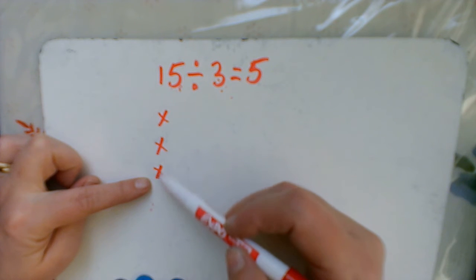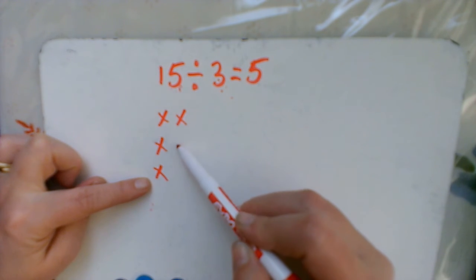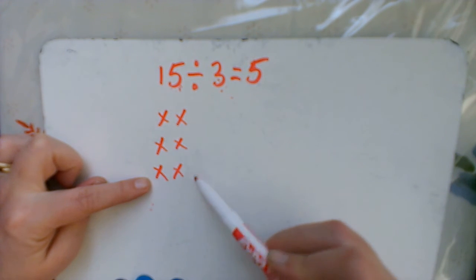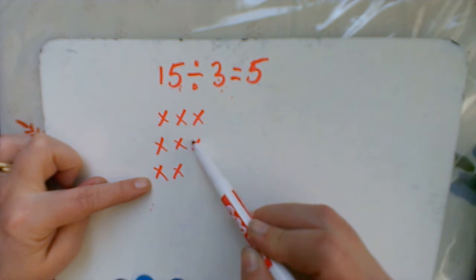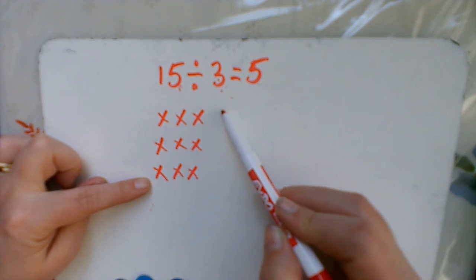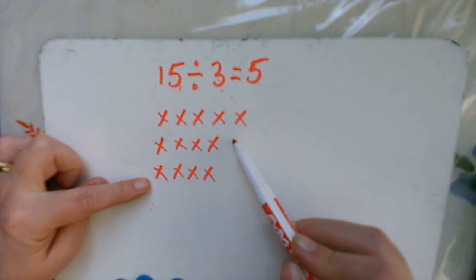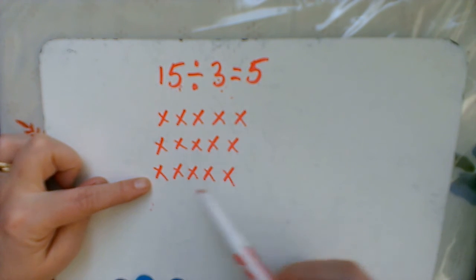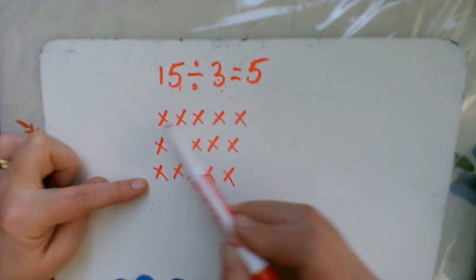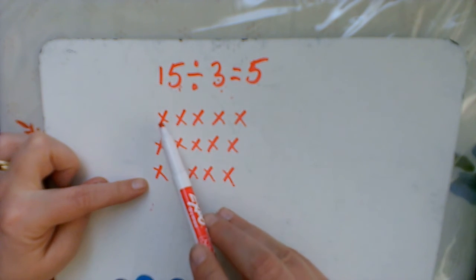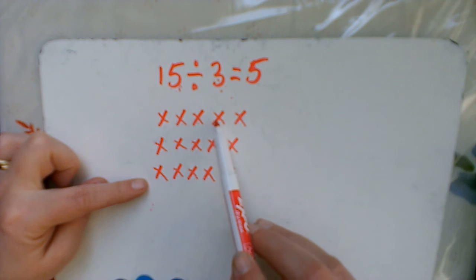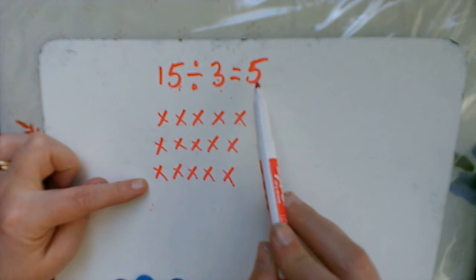So I've already used 3, 4, 5, 6, 7, 8, 9, 10, 11, 12, 13, 14, 15. So I shared them into 3 rows, and there's 1, 2, 3, 4, 5 in each row.